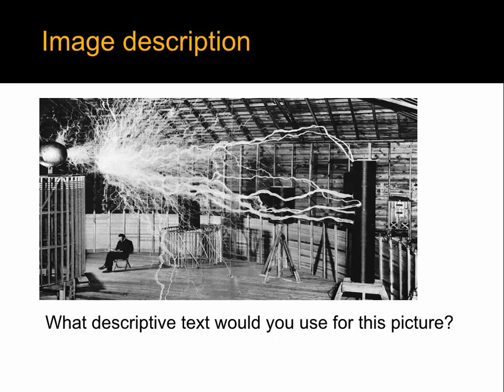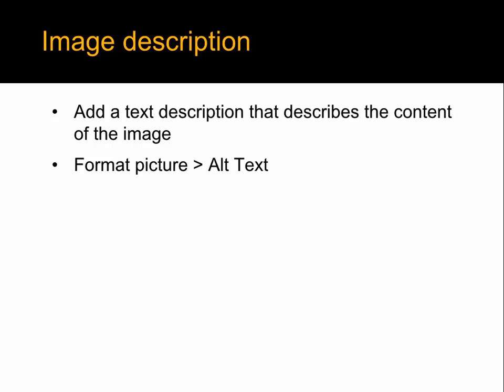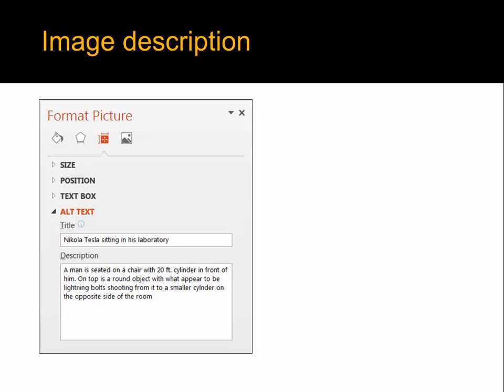When you do image description, you need to add a description that describes the content of the image and format the picture with alt text. That is a specific tool in Word, and you can see it on the Format Picture box, which I will admit will look different on each version of Word, but there's a spot where you click Alt Text, and you can put a title in there, Nikola Tesla sitting in his laboratory, and then the description I used: a man seated on a chair with a 20-foot cylinder in front of him.